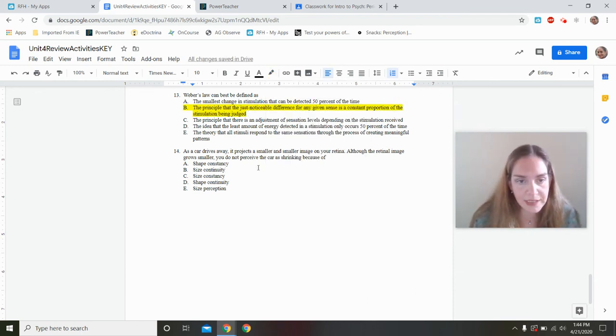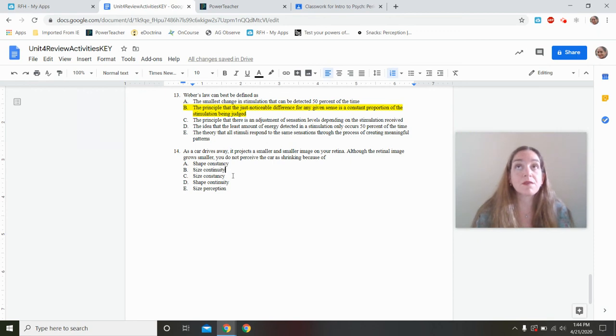And 14, as a car drives away, it projects a smaller and smaller image on your retina. Although the retinal image grows smaller, you do not perceive the car as shrinking because of shape constancy, size constancy, shape continuity, or size perception. We all have perceptual constancies: shape, size, color.